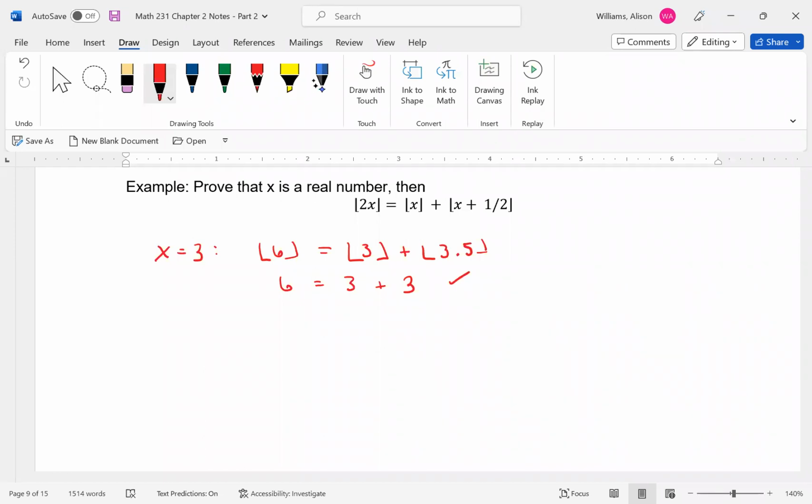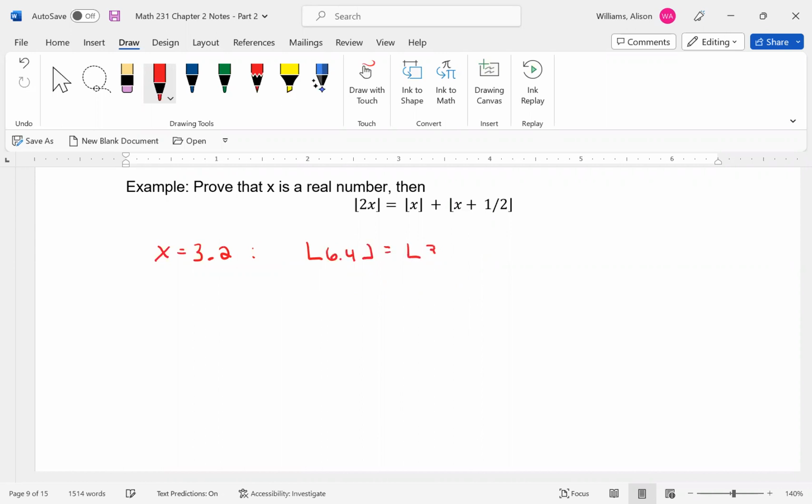It's exciting when x happens to be something like a decimal. All right, so here, let's look at a decimal example. Let's do 3.5 now. Or here, let's do 3.2. Ooh, so exciting. 3.2. Okay, so this time then, what we're doing is we're doing 2 times 3.2. So 2 times 3.2 is 6.4.